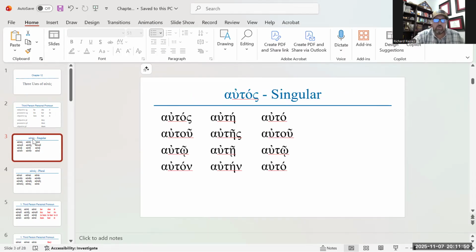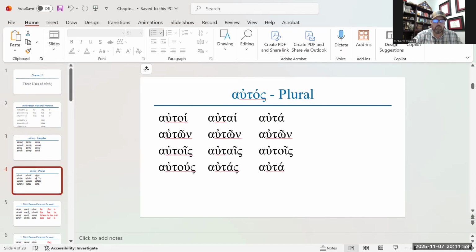And then going down, you have nominative, genitive, dative, and accusative, just like you do in your main noun paradigm. So here's the plural. You can see there autoi, autai, auta, and then nominative, genitive, dative, and accusative.